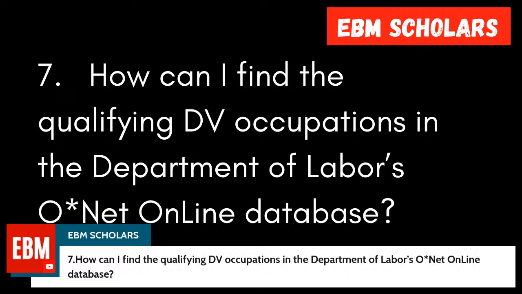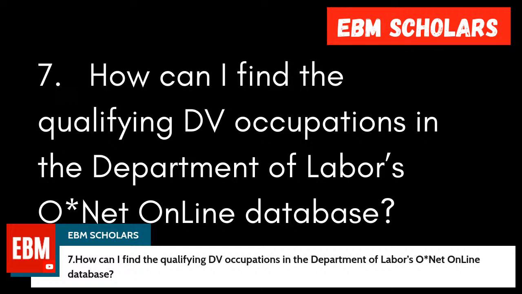Under Find Occupations, you can select what is called the job family. When you click the job family, there is a drop-down menu, or pull-down menu, with different types of jobs. Those will give the link to the specific occupation.